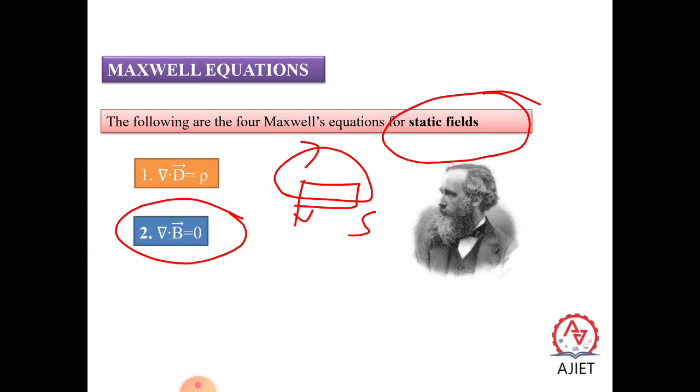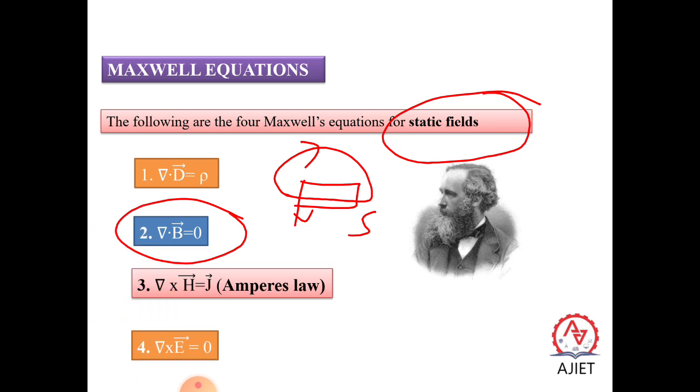Third one, del cross H is equal to J. This we have seen as the differential form of Ampere's law, where J is the current density. And the last one we have seen, del cross E is equal to 0.